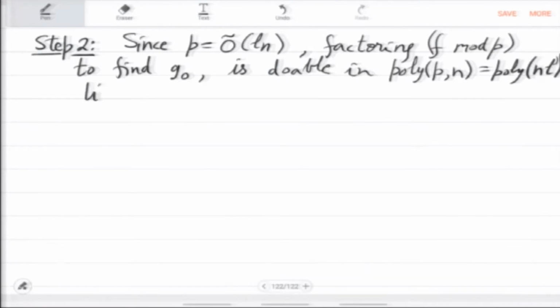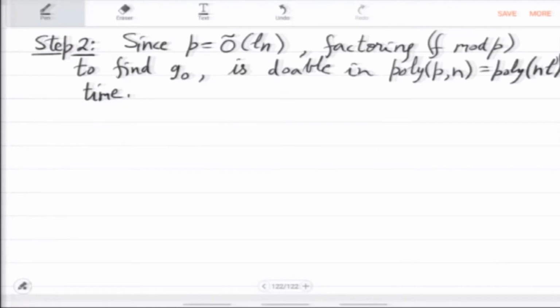So in this much time, which is truly polynomial time in the input size, you are able to find G0 by the Berlekamp algorithm. So recall Berlekamp for this. That completes step 2.